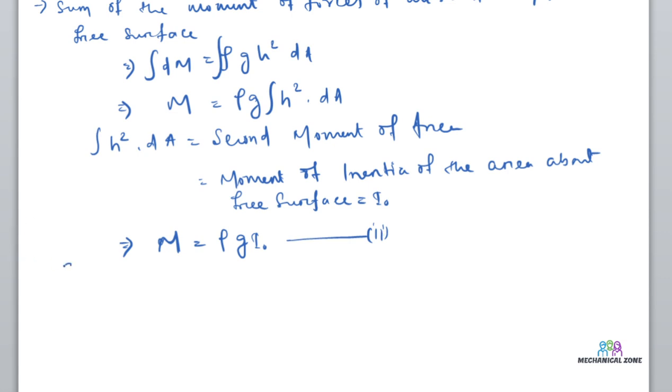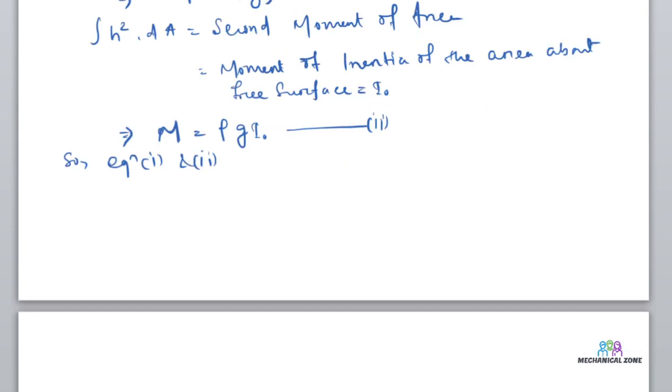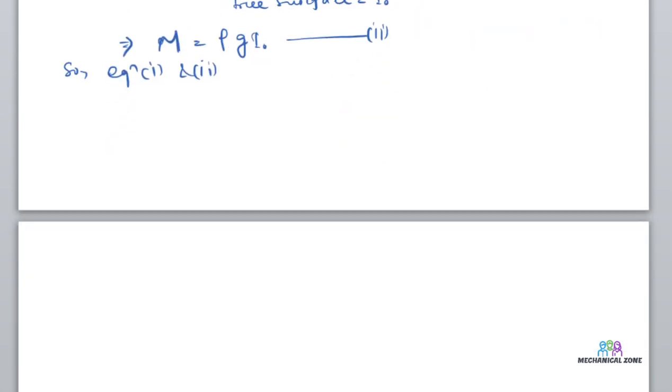So from equation 1 and 2, it is clear that both the moments are equal as per Varignon's theorem. From equation 1 we got rho g A h bar into h star is equal to rho g I0.